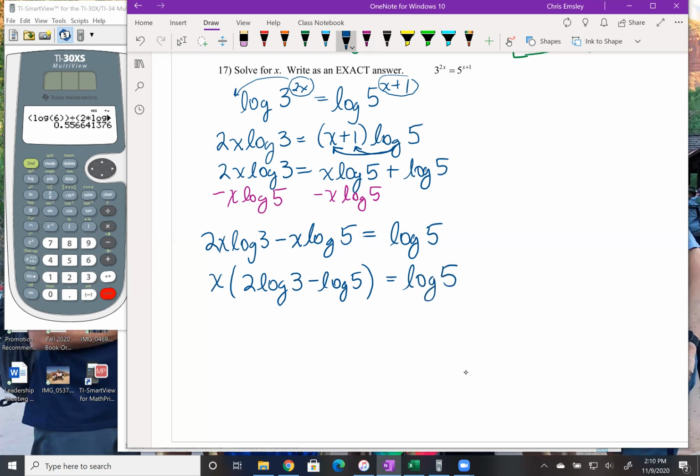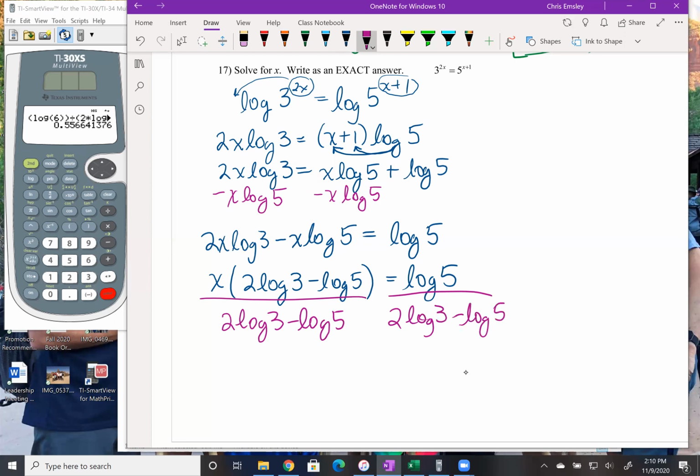And now we have x times this big old log expression. So to solve for x, we're going to divide by that big old log expression. So we'll divide both sides by the whole thing that's in parentheses. On the left, again, we get some canceling, which is what we planned for.